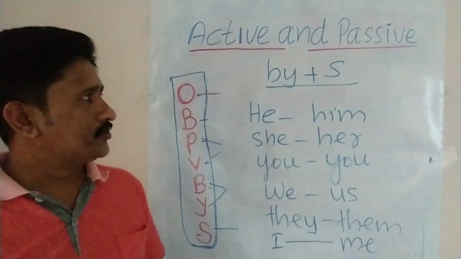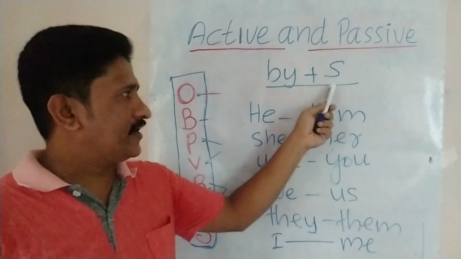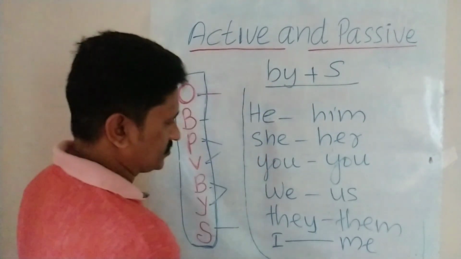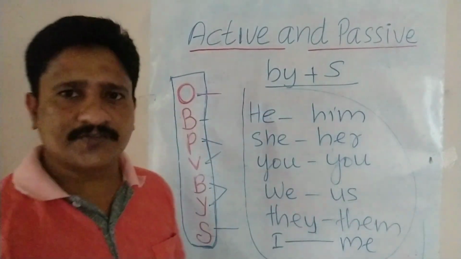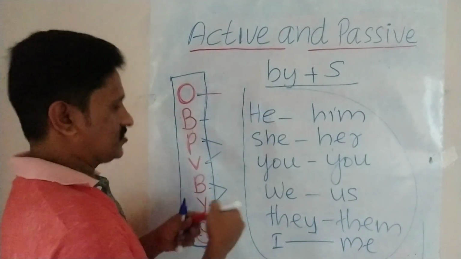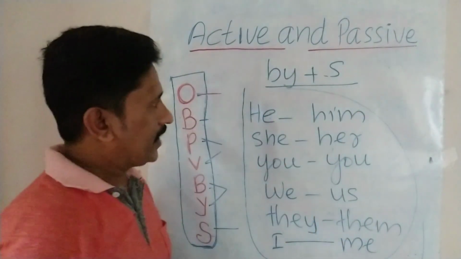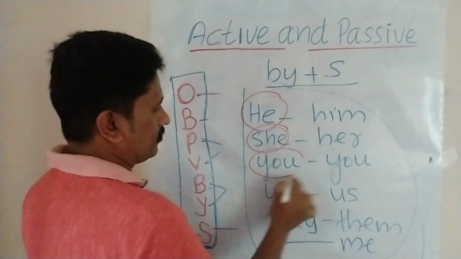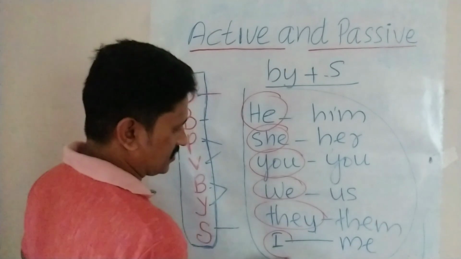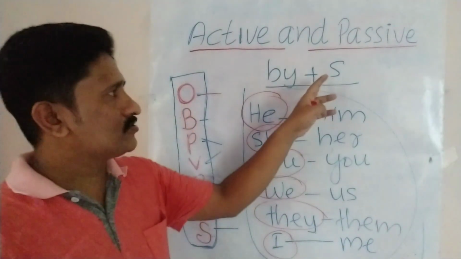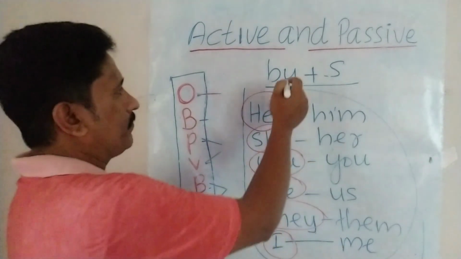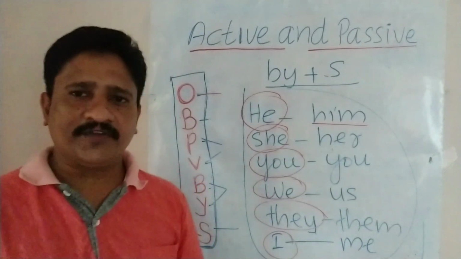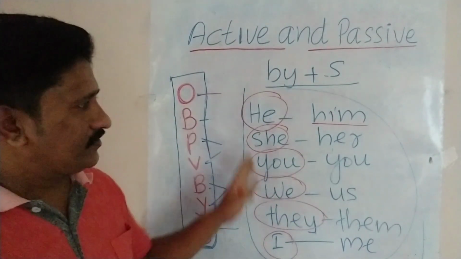And when you use by plus the subject of the active voice sentence in passive voice, please remember to make these changes. So when you bring down the subject, if the active voice sentence has the subject he or she, you, we, they, and I, then when you use this at the end of your passive voice sentence, please remember to change the case, that is, change it into the objective version of this subjective case pronoun.